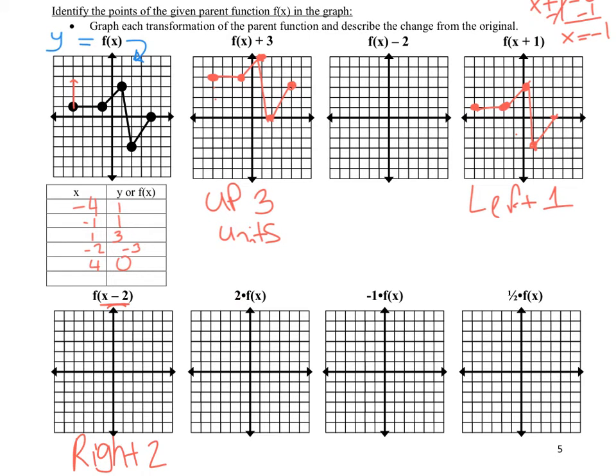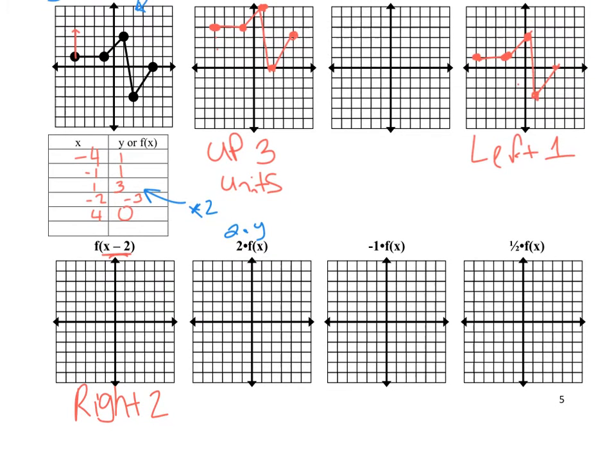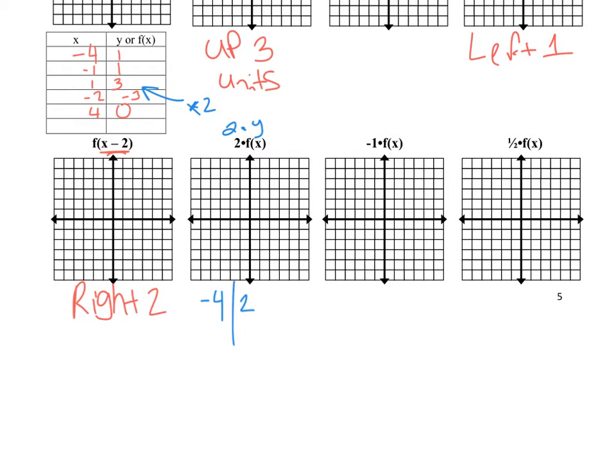So remember, f of x means y, so really this is 2 times y. So what I'm going to do is I'm going to take all these y values here and times them by 2. Okay, so my first value would be -4, 1. If I times the y value by 2, I get -4, 2. So -4, 2 is the first thing I'm going to plot. -1, the y value originally is 1, times 2 gets you 2.